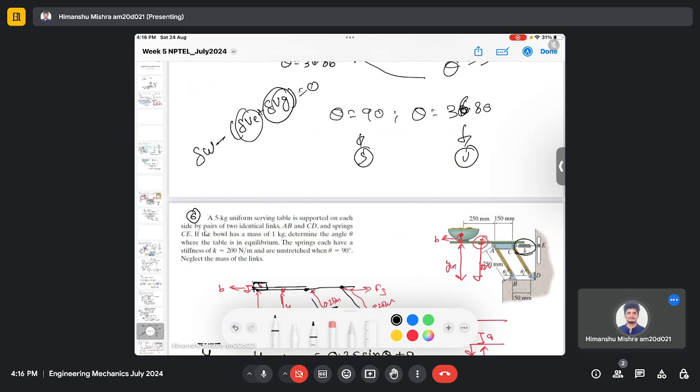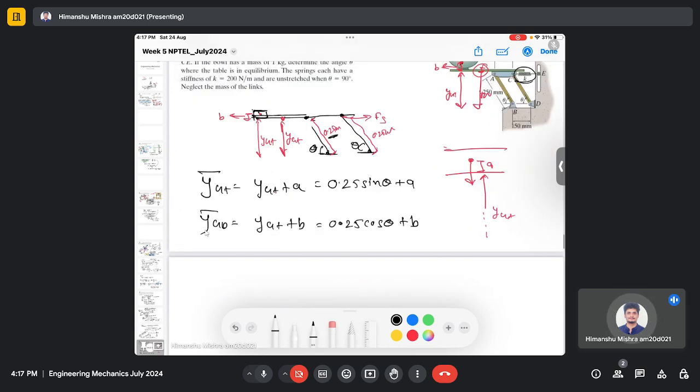We have not been given any active force which can produce virtual displacement. So this term is zero, and we saw that the change in potential energy due to the elastic member and due to the gravitational force is the total potential energy, and the change in total potential energy should be equal to zero when the system is in equilibrium, right?